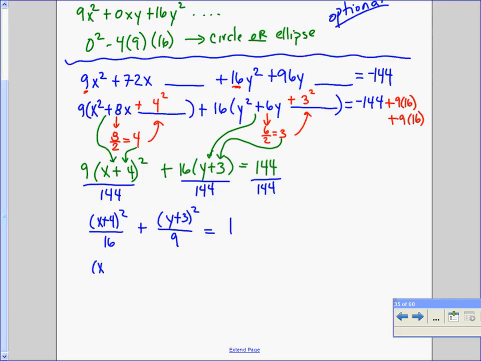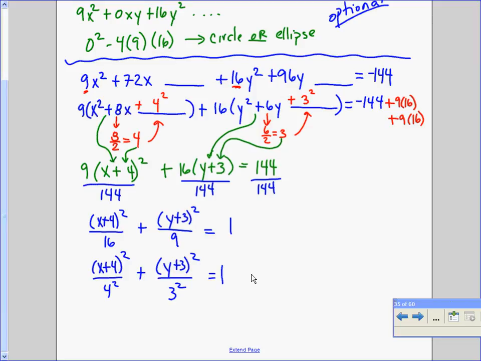I can rewrite that if I want as x plus 4 squared over 4 squared plus y plus 3 squared over 3 squared equals 1. Now you can see it's pretty clear that I do have an ellipse, and I can go ahead and graph that.